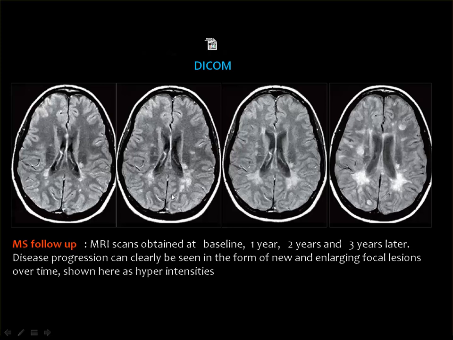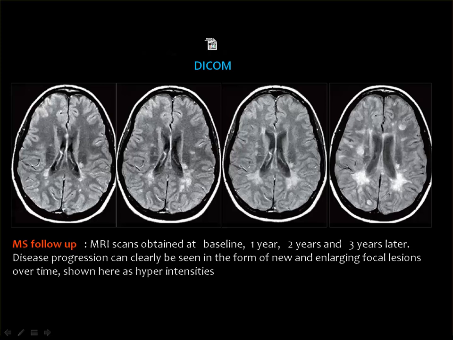Recently, a certain society asked me to talk about MS and the value of DICOM technology in the follow-up studies of MS patients. Actually, all of us use the DICOM technology, and we write our reports from the PACS system.